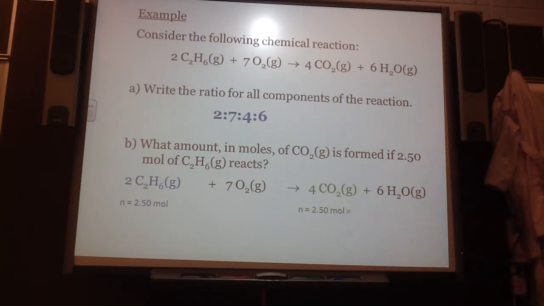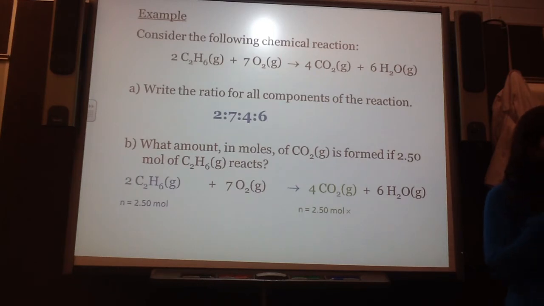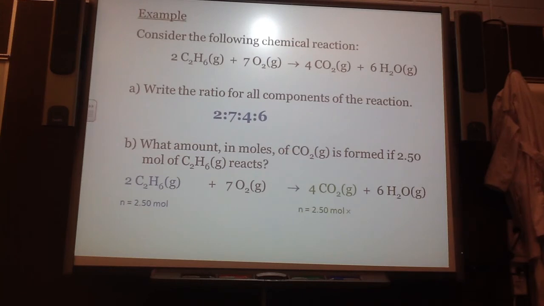Now we're going to do our mole comparison, so that's wanted over given. We go 2.5 times 4 over 2, wanted over given, which results in 5 moles of carbon dioxide gas.